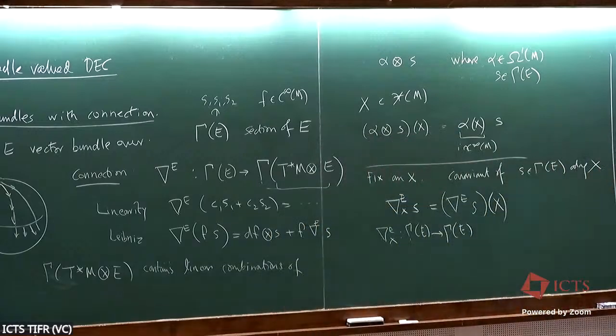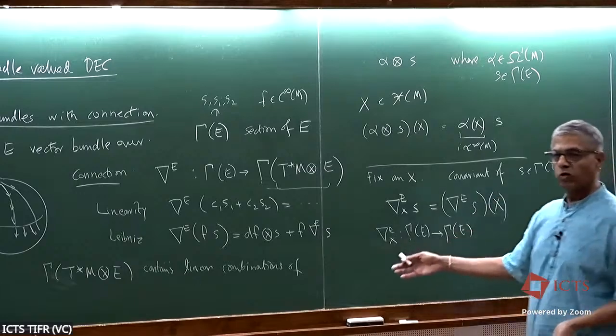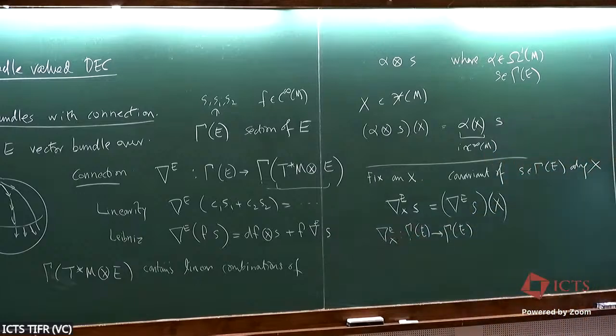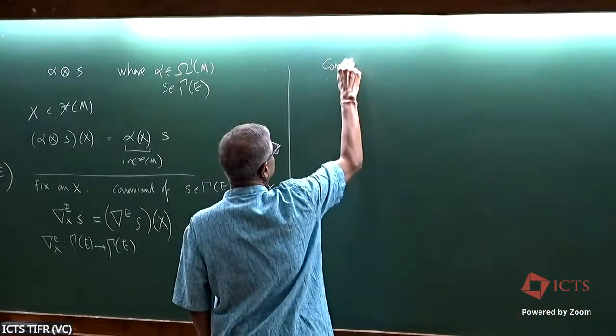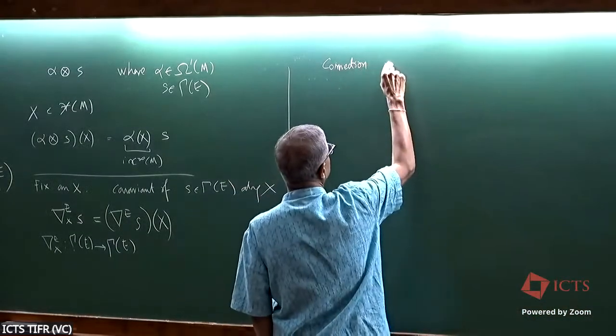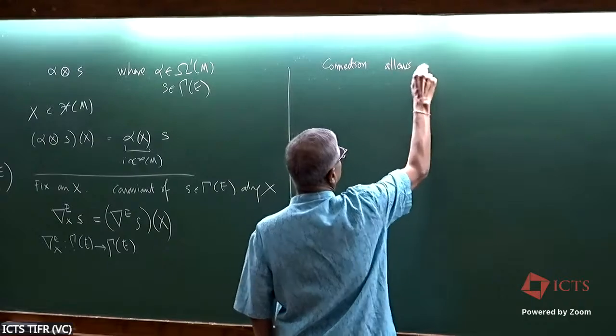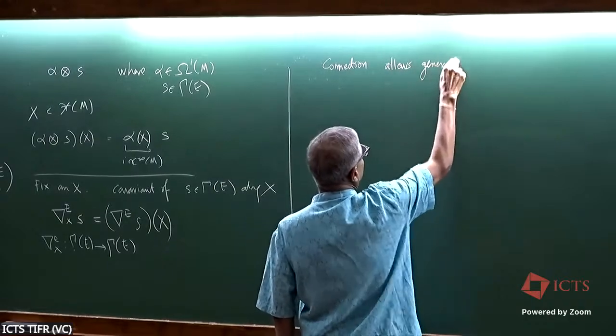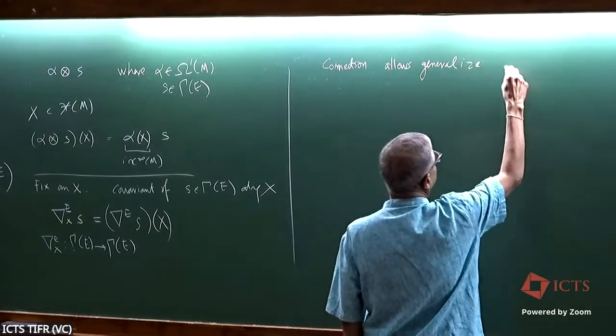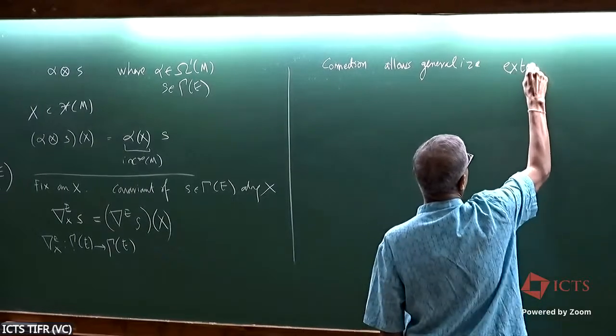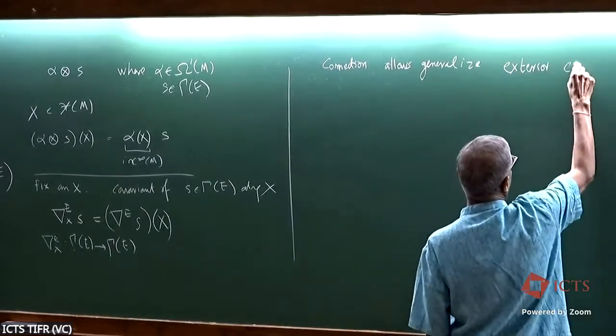So we have this object, and why work with connection rather than covariant derivative when the information is the same? And the reason for that is that this connection picture allows us to generalize to exterior covariant derivative.